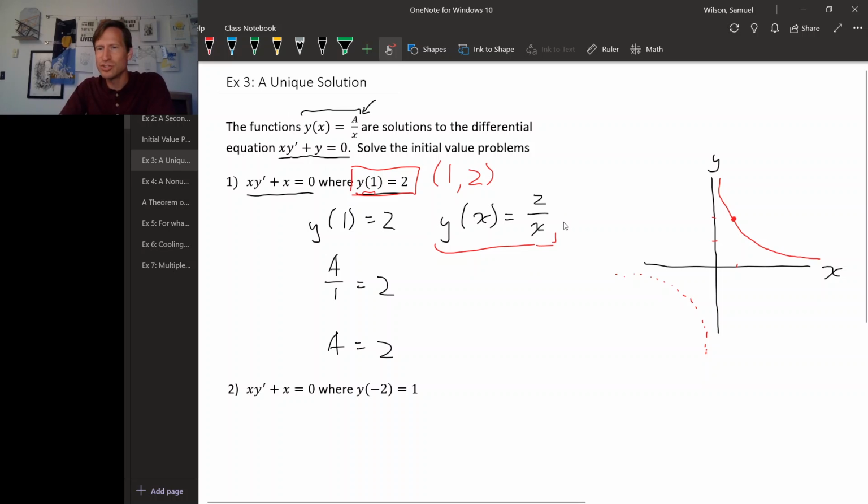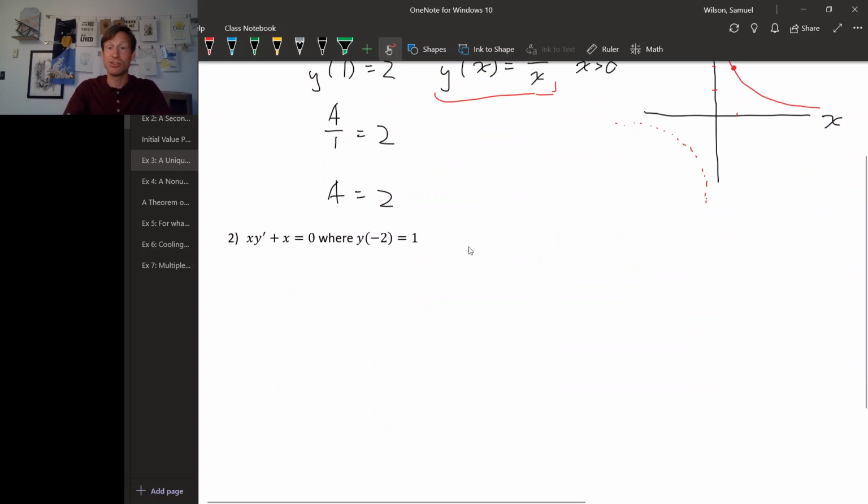So this solution really only counts as a solution to the initial value problem for positive x values, because those are the x values that form a continuous piece with our initial condition.